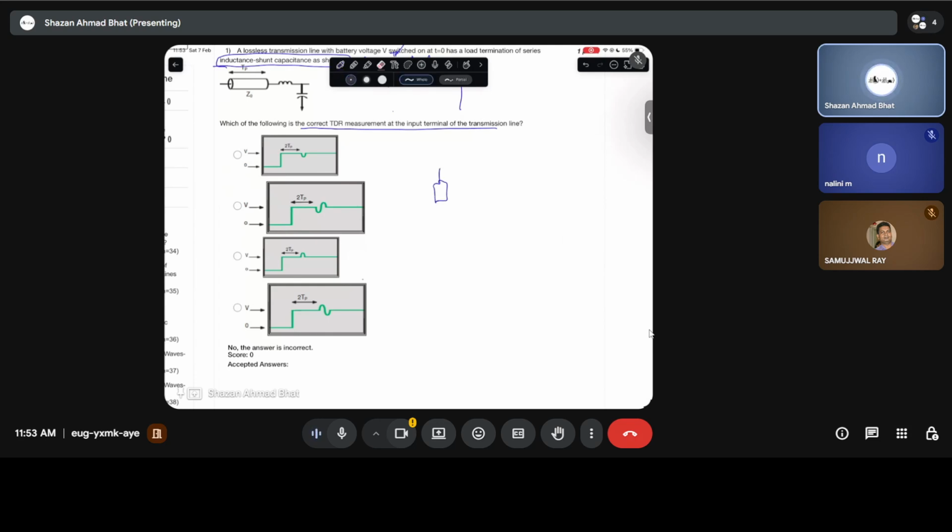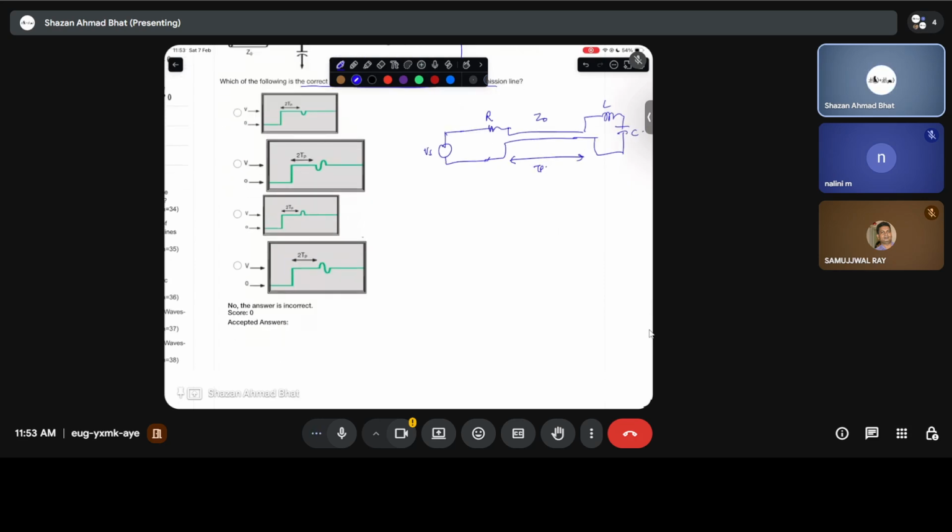That means you have the source, you have some sort of intrinsic impedance of the transmission line, and you have the transmission line, and it's connected to an inductance and a capacitance load. And this is the voltage at the source, this is the inductance, this is the capacitance, this is having some intrinsic impedance Z naught, and there is a time associated with this, which is basically tau TP.